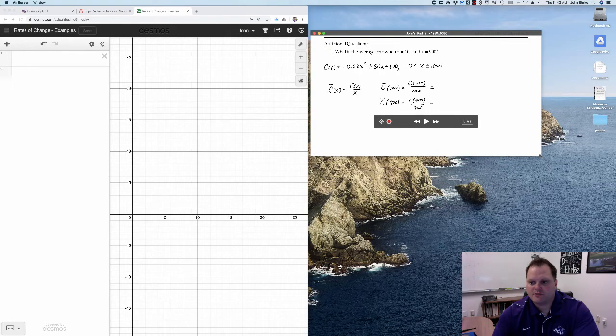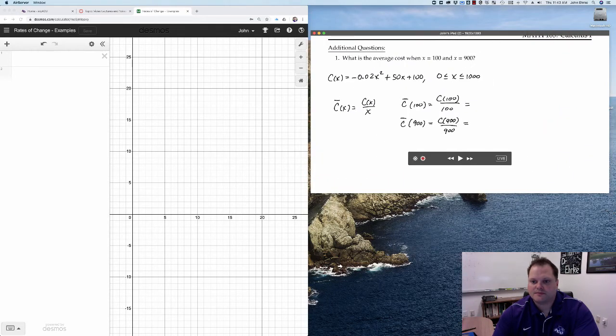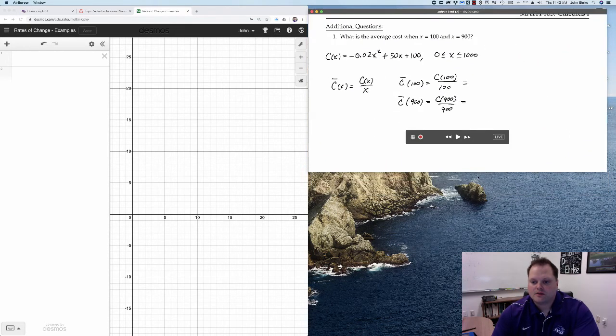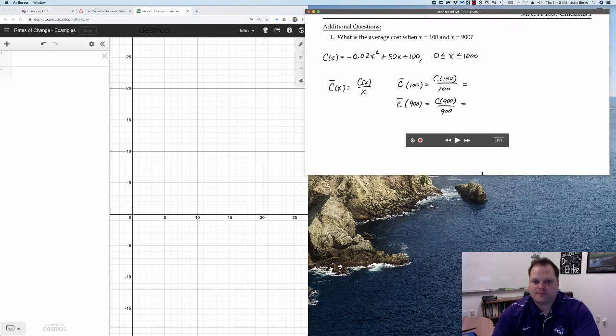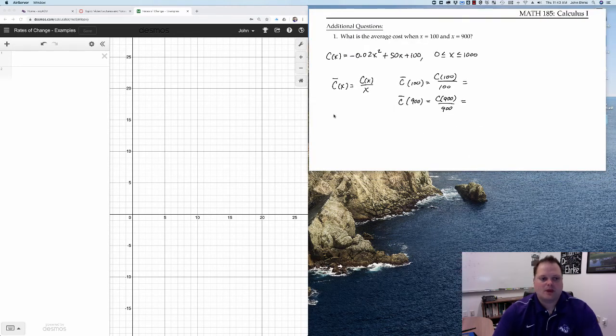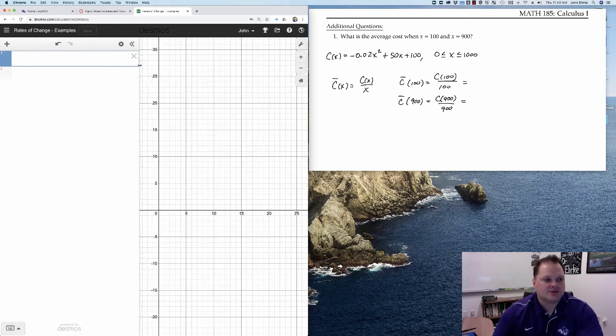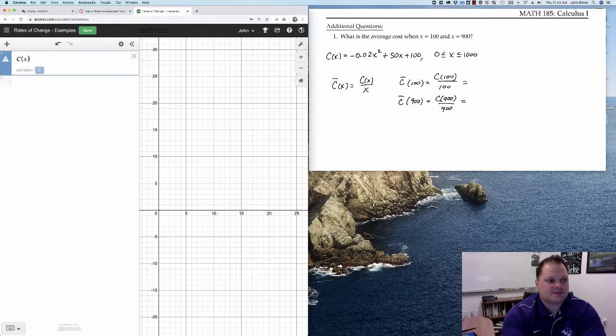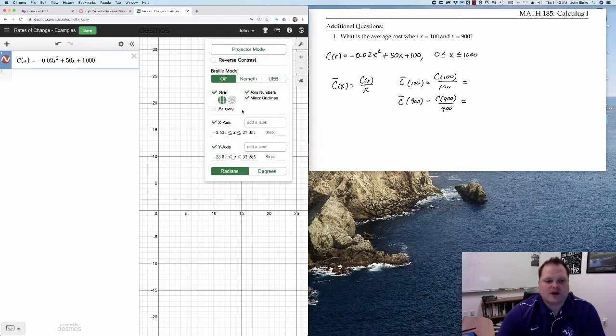Just to keep everything here in the screen. So hopefully you're able to see that okay. All right, so let's start. I'm going to plot my cost function real quick. So I'll call it C of x. And if I wanted to see it, I know that my interval goes from 0 to 1,000.